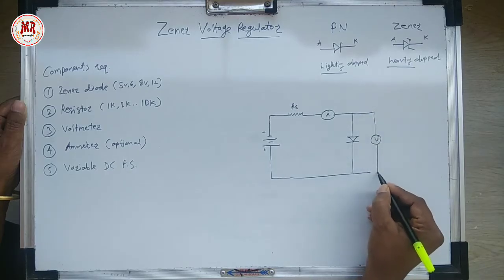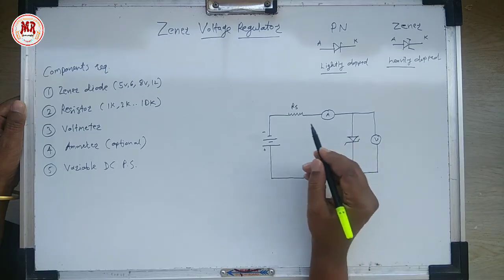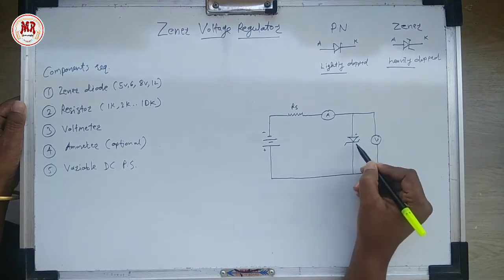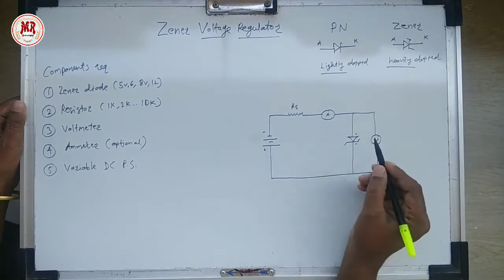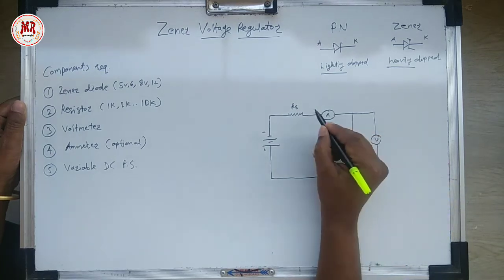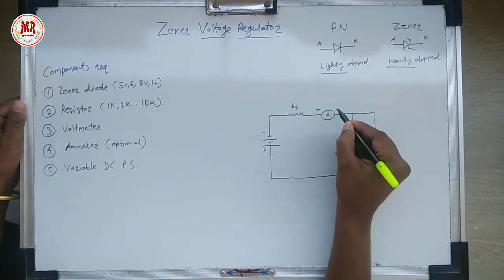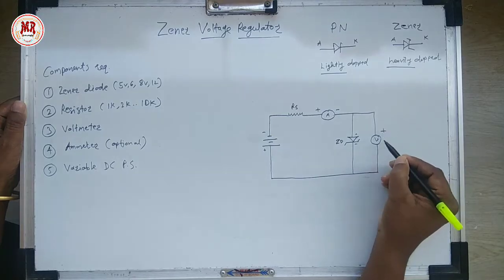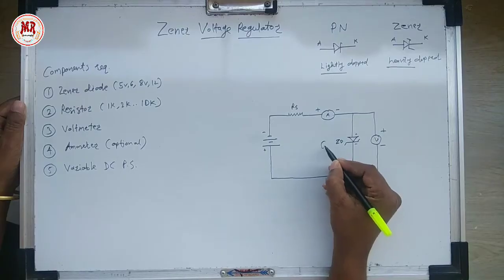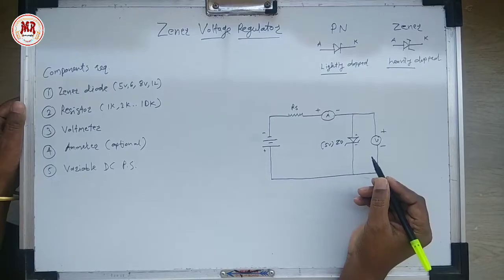Negative terminal of battery is connected to the anode of Zener diode. Reverse bias arrangement for Zener diode. Now terminals of ammeter and voltmeter. Negative of ammeter is connected to positive of voltmeter. Say this is Zener diode of 5 volt.